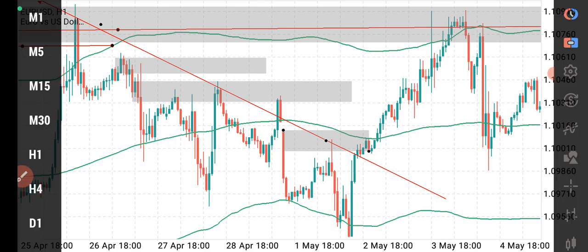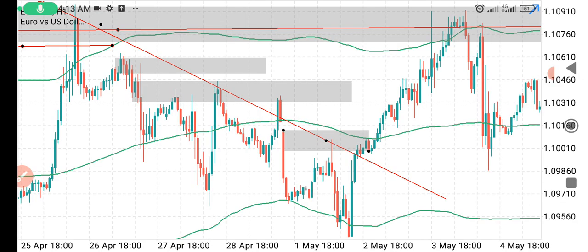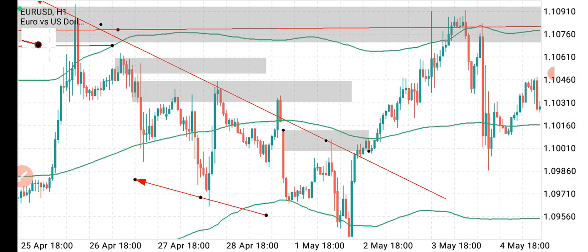And now, as a price action trader, having drawn my trend line, you wait for price to return to your trend line and give you a candlestick pattern. And what candlestick pattern do we see? Look at it here. A bearish engulfing candle.